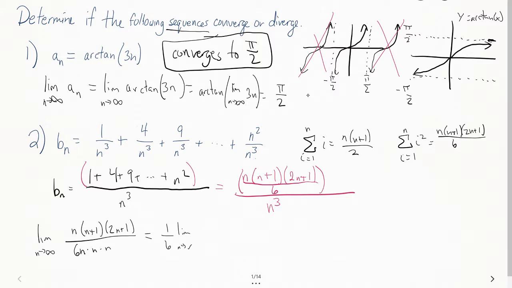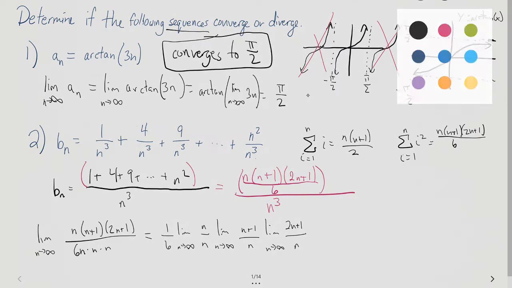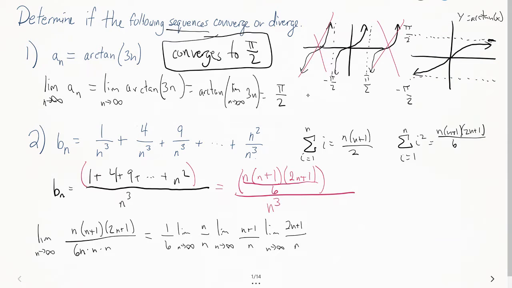You can do the limit as n goes to infinity of n over n. Then you can do another limit as n goes to infinity of n plus 1 over n. And you could do another limit as n goes to infinity of 2n plus 1 over n. So what does this do? Taking a look, this piece right here, that limit as n goes to infinity, is going to be 1.